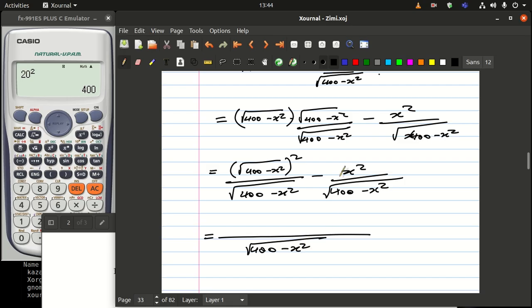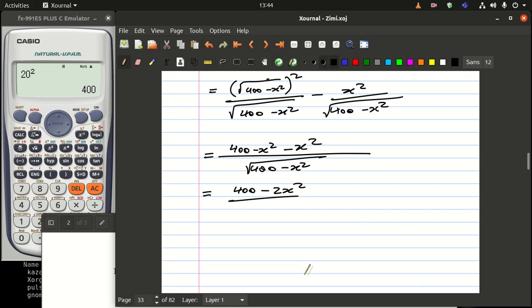That's why I was changing a 1 like this, because I wanted to have a common denominator. And then this square root squared, you will end up having a 400 minus x squared, and then here we'll have a minus x squared, and then you're having a nice thing here which is x squared and x squared, so we'll end up having 400 minus 2x squared all over the square root of 400 minus x squared.